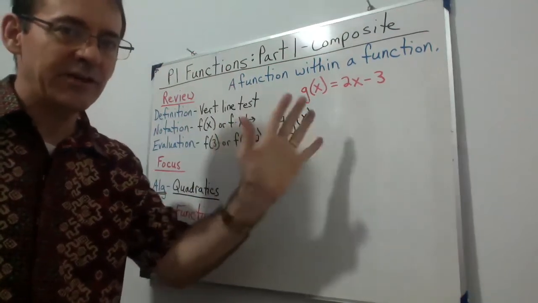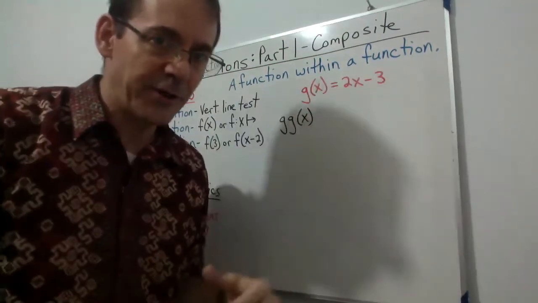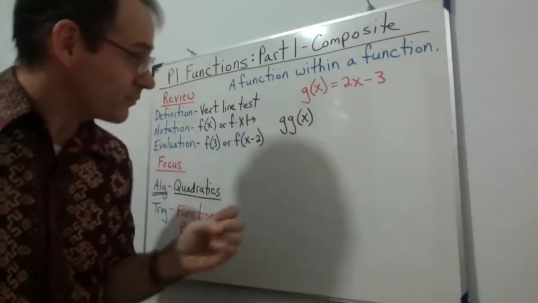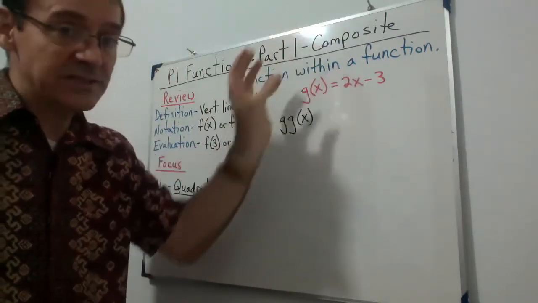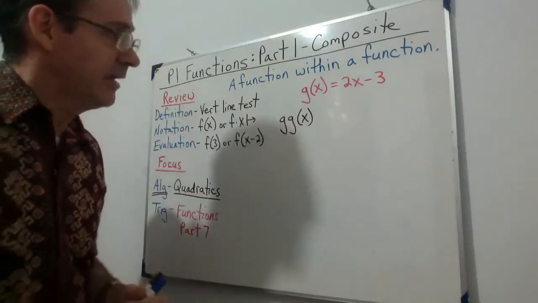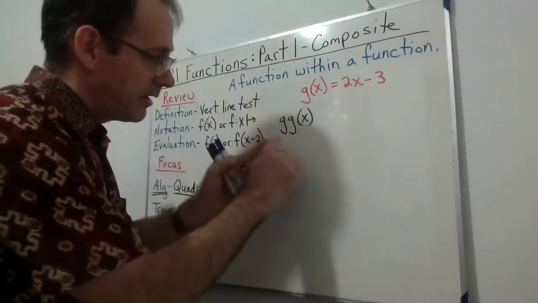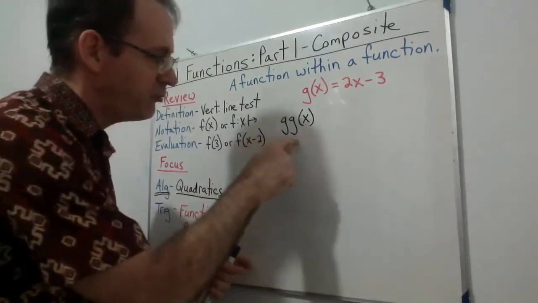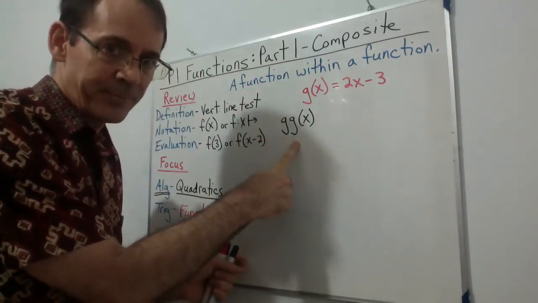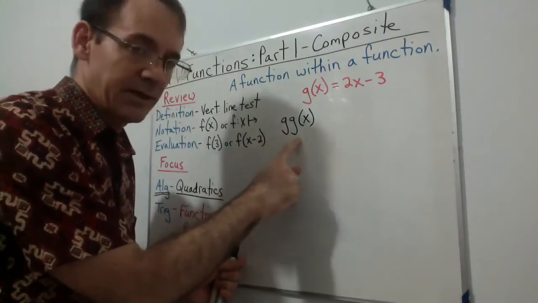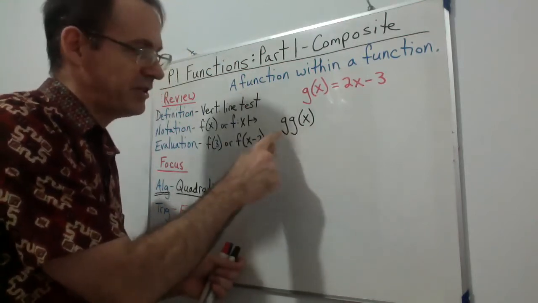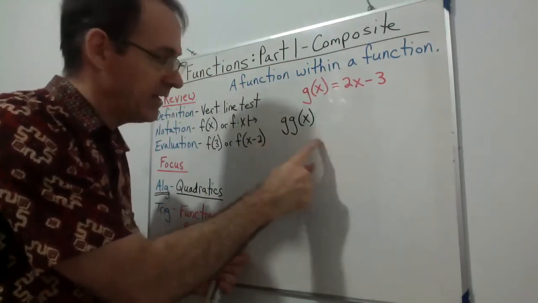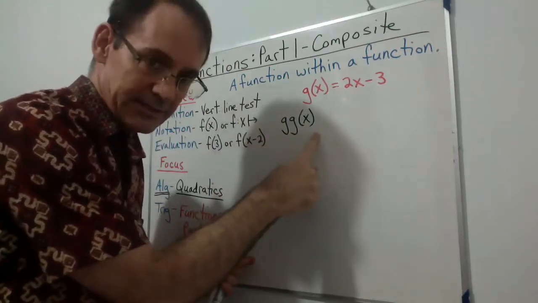So until we get further along in the functions unit, I want to focus on one topic at a time. So this is a composite function notation. You see two letters next to each other. Sometimes you see f of g of x, sometimes you see g of f of x, and in this case you see g of x.